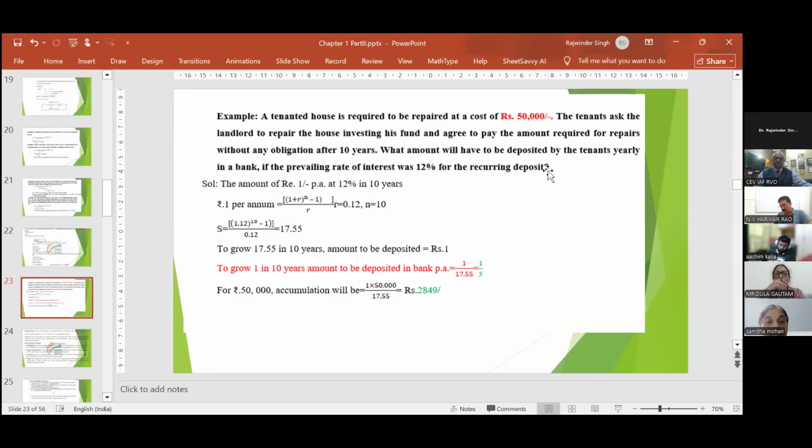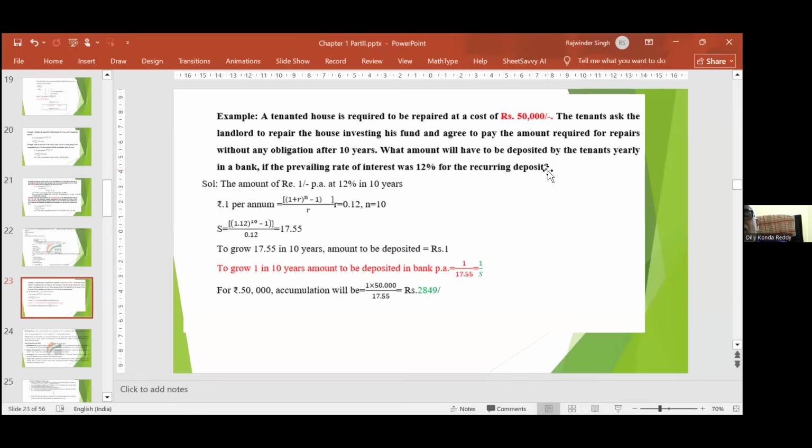The repair was to be done by the tenants as per the rent agreement. But the tenant asked the landlord to repair the house at the cost of 50,000, the amount which was to be spent upon repair.